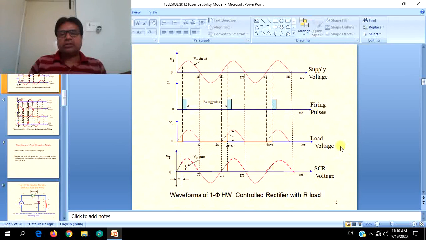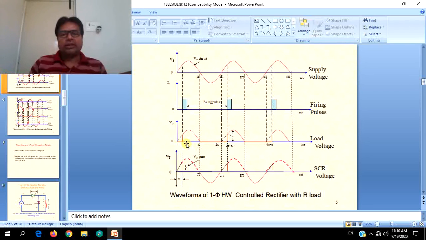And as the load is resistive, the current will also follow the voltage with the same shape and the same phase. Only its magnitude will be different. So the current waveform through the load will be the same as the load voltage.